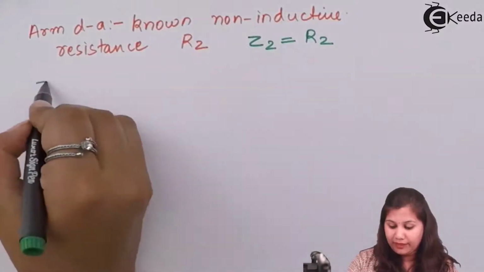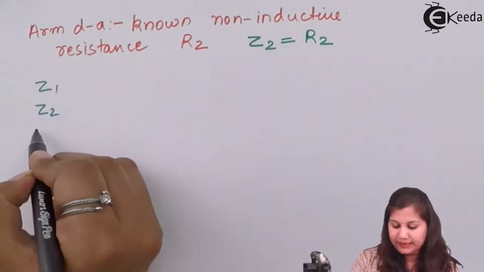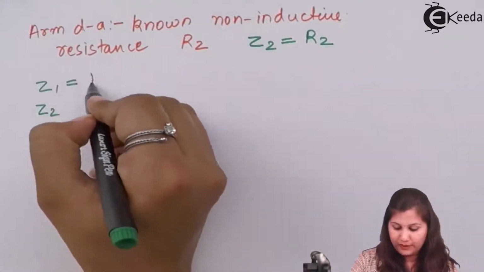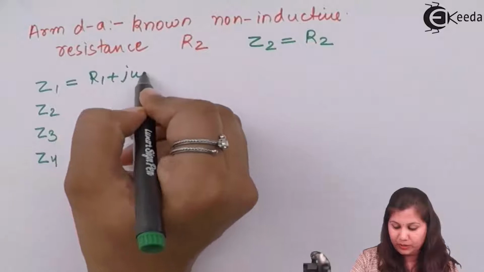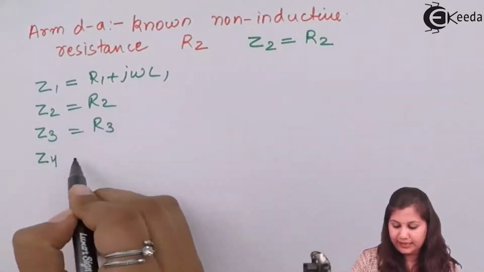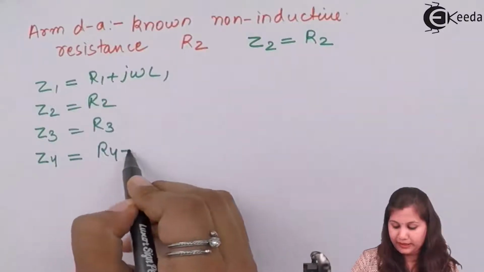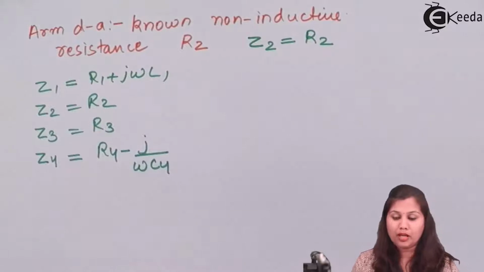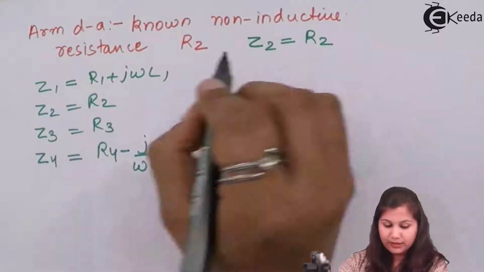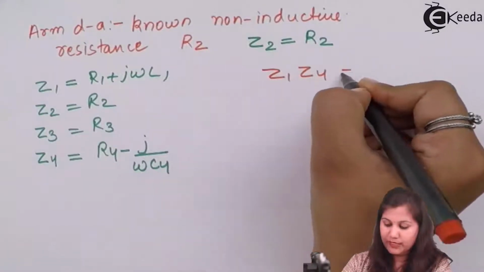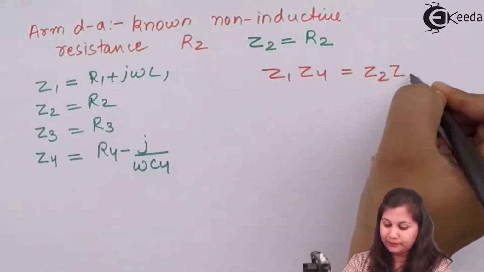So we have got the values of the four impedances Z1, Z2, Z3 and Z4. Z1 was R1 plus J omega L1, Z2 was R2, Z3 is R3 and Z4 is R4 minus J upon omega C4.